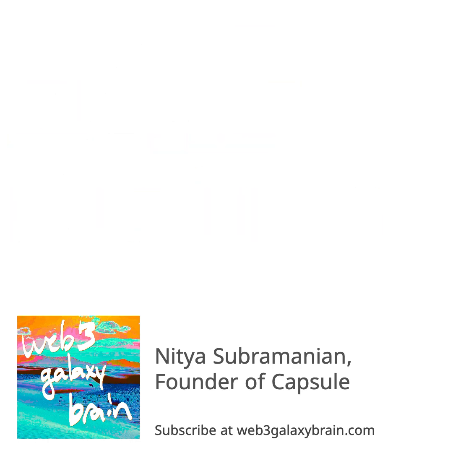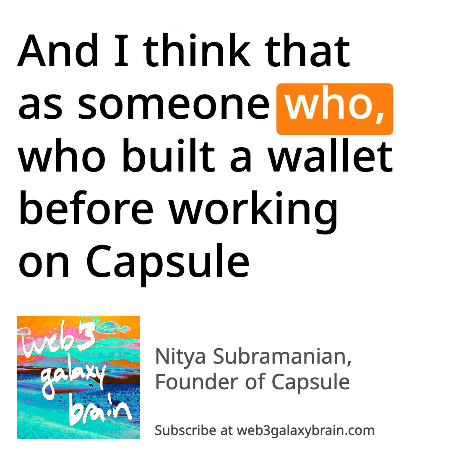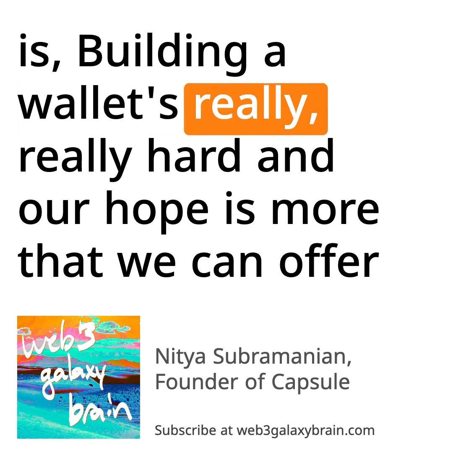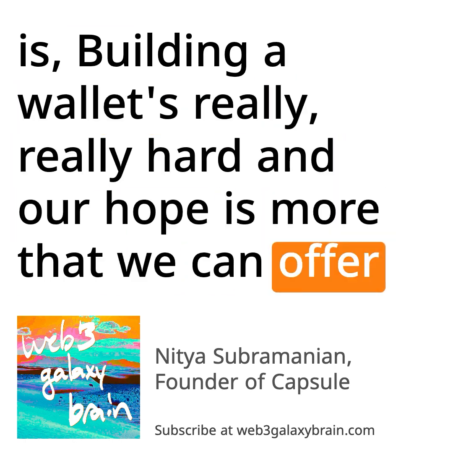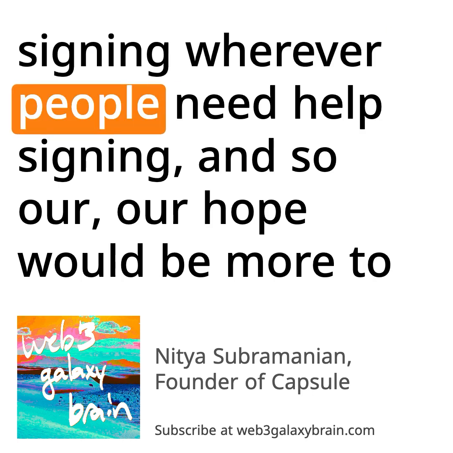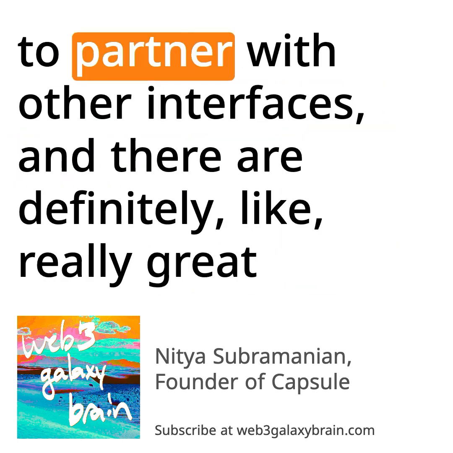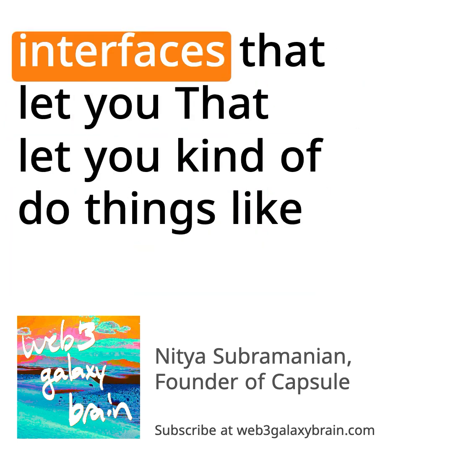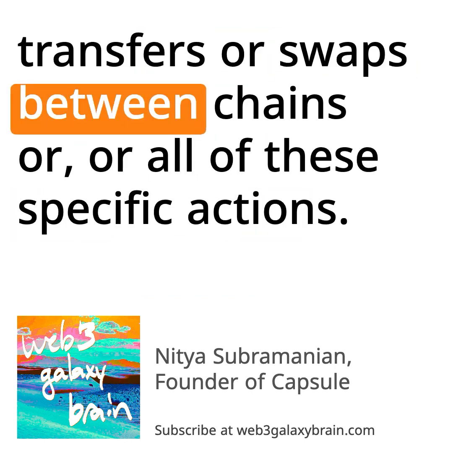Yeah, it's a great question, and I say this as someone who built a wallet before working on Capsule. Building a wallet is really hard, and our hope is more that we can offer signing wherever people need help signing. So our hope would be to partner with other interfaces, and there are really great interfaces that let you do things like transfers or swaps between chains.